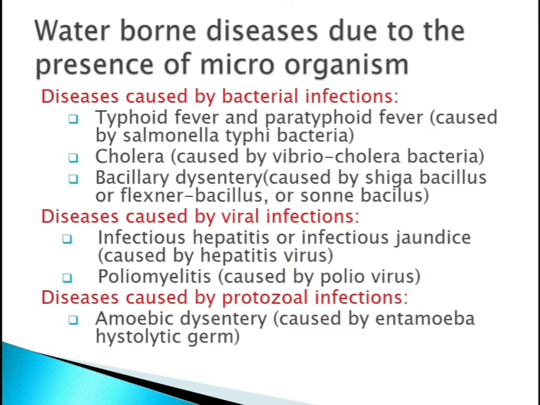Because of these three types of bacteria present in water, it leads to dysentery, and that dysentery is called bacillary dysentery. These are the most common and major bacterial infections. It means these diseases are caused because of bacterial infections.